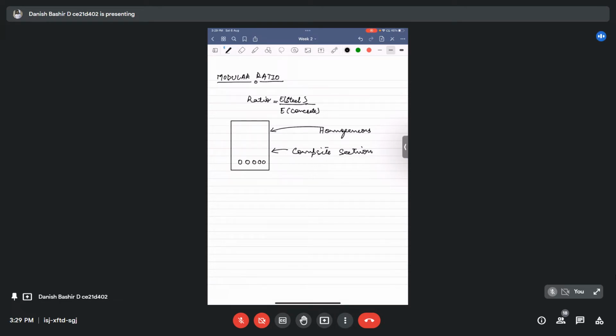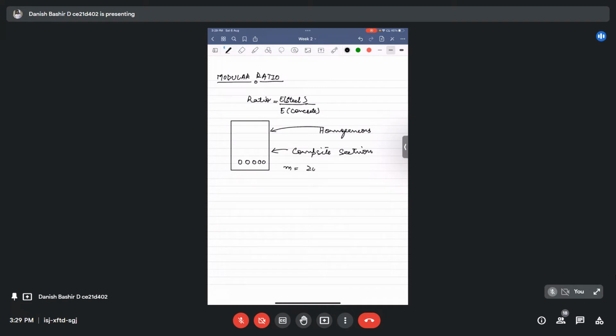What do we mean by a homogeneous section? That this steel area is replaced by an equivalent concrete area of equivalent strength. The strength that this steel provides to the whole section is replaced by the concrete area. For that, we define the modular ratio. The modular ratio is given by an equation in the code.